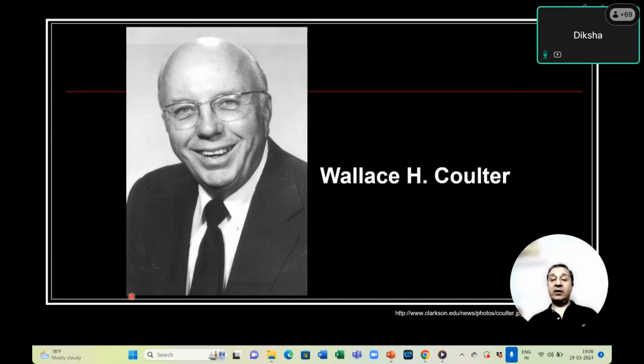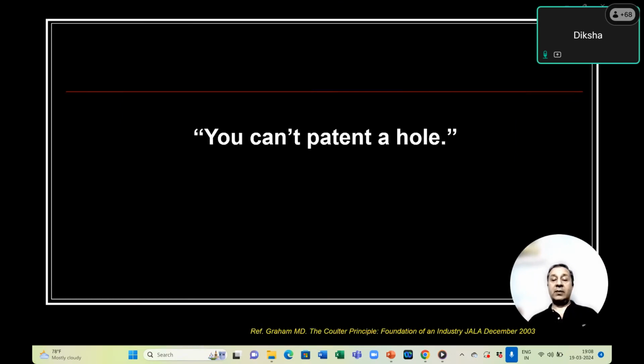In fact, in Wallace Coulter's name, there is a big award which is given every year by the International Society of Laboratory Hematology. So the contribution of this man was immense with respect to hematology cell analysis. Interestingly, when Sir Wallace Coulter and his brother approached the patenting authority in the US, they were told, come on, you cannot patent a hole.